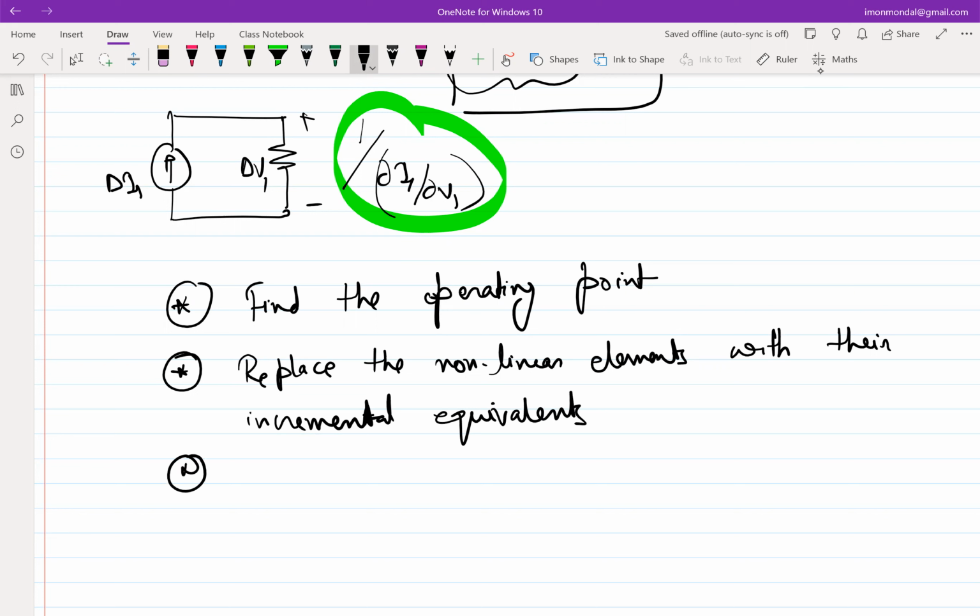And then do a linear analysis in the incremental circuit.